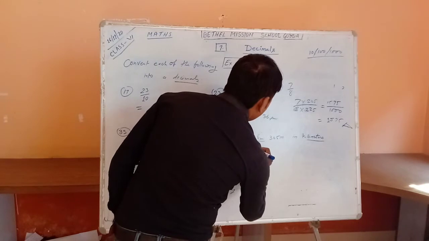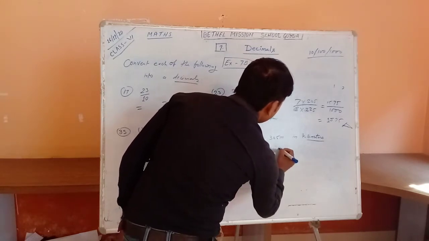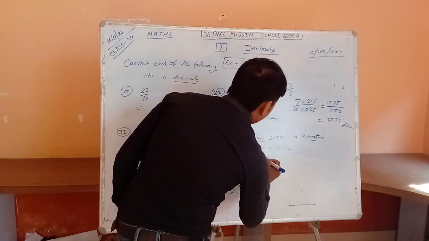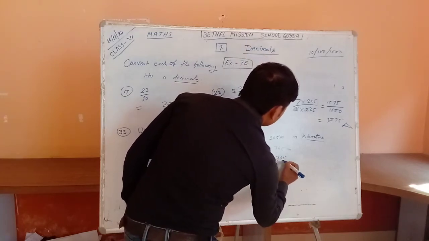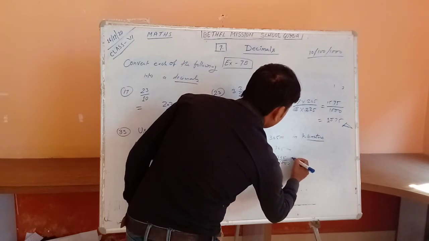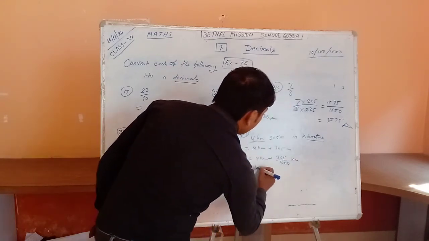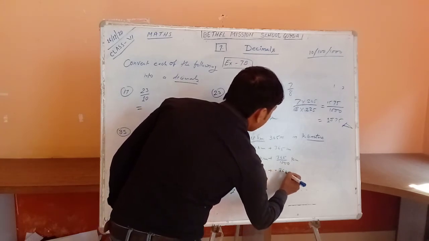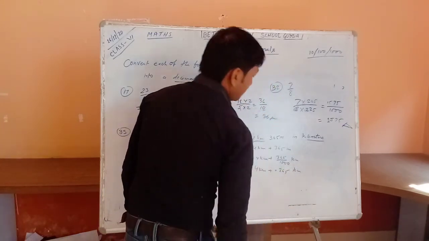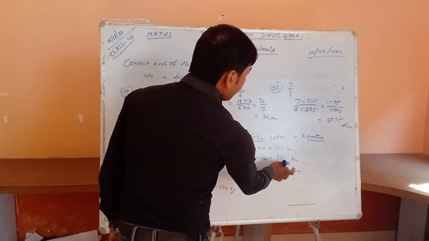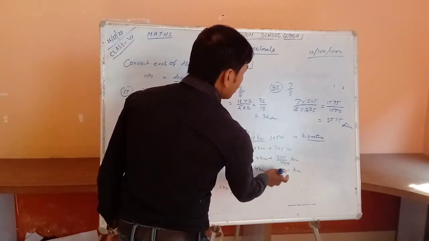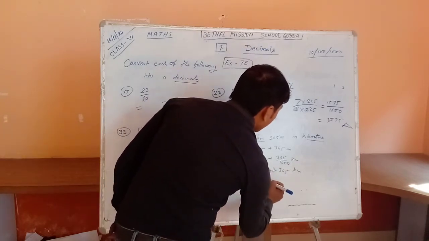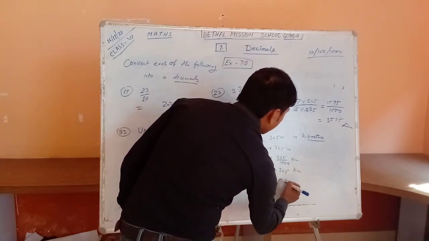So we divide 365 meter by 1000, so this part becomes kilometer also. So 4 kilometer and this is decimal 365 kilometer. Okay, 365 and put the decimal, 1 2 3 places. We can put 0 also and add, that is 4.365 kilometer.